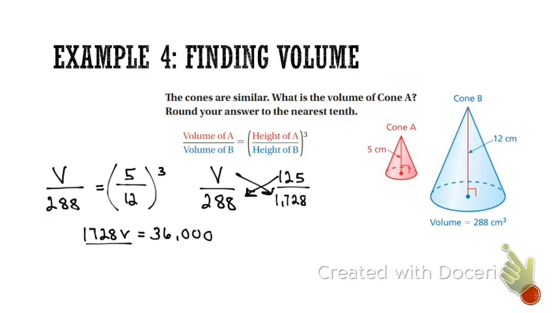All right, and now you guessed it, we're going to divide by 1728 on both sides. And we've got a repeating decimal, that's okay. Volume equals 20.83 repeating, centimeters cubed.